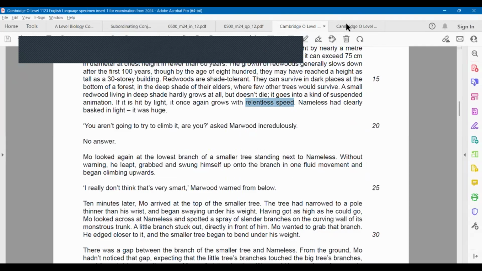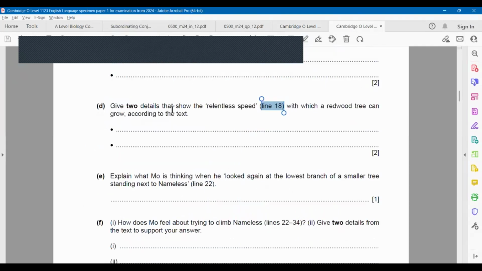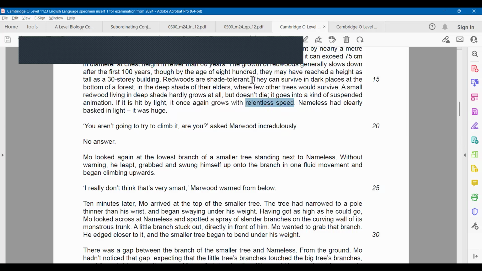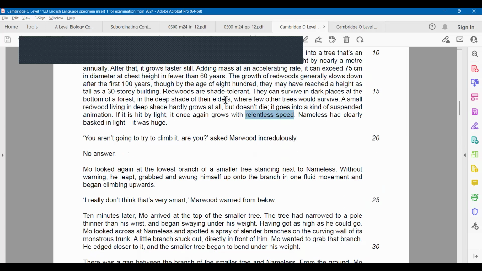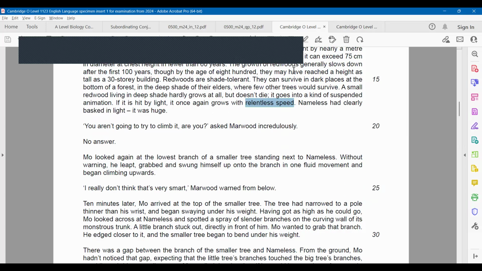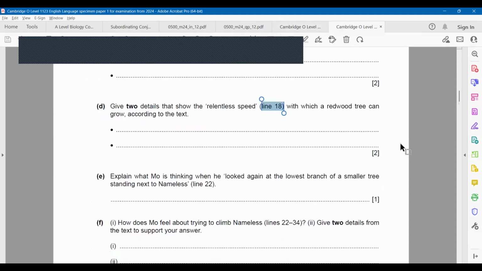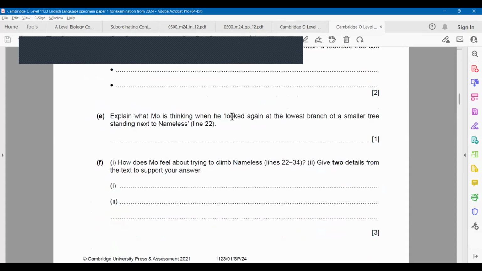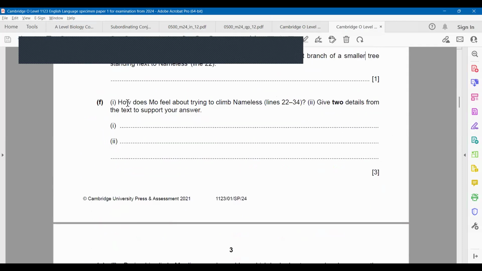What they're asking for is two details that show the relentless speed. So you want to look a few lines ahead, or maybe read the whole paragraph just in case, a little bit after, and then figure out what points you're looking for in this answer. Again, they're quoting this phrase. The line reference is for that phrase. It's not where you're going to find the answer.